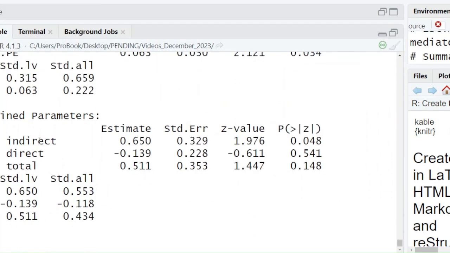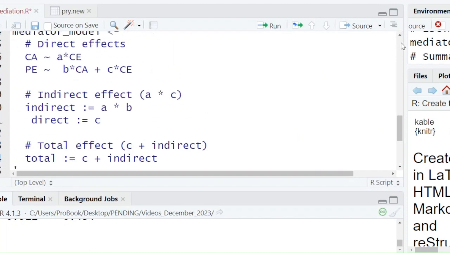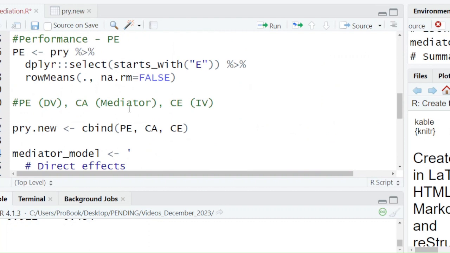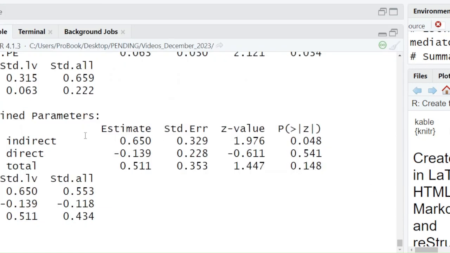What we're seeing is the direct effect between the CE and PE. Remember, if I take you back, CE is the independent variable and PE is the dependent variable. The relationship between the two is that an increase in one leads to a reduction in the other, and the findings are not significant.